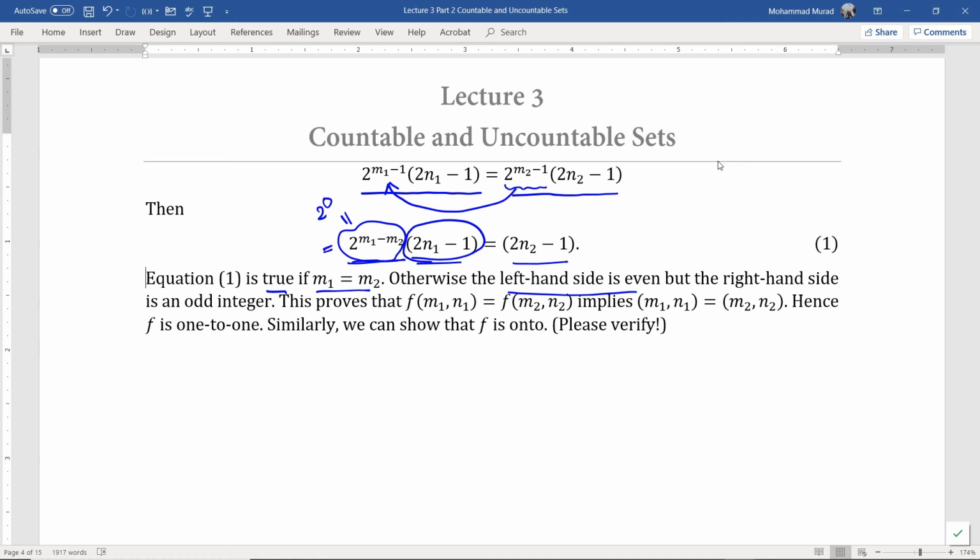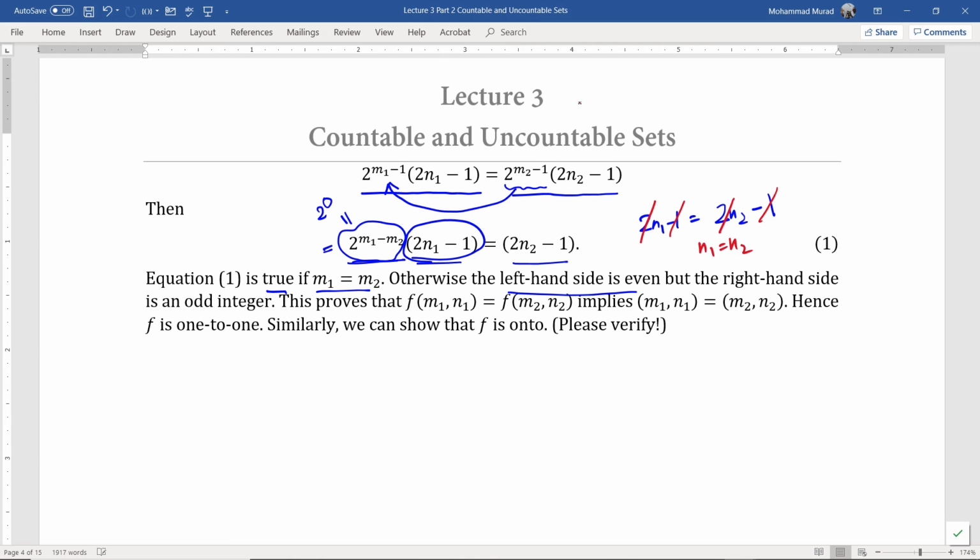So if m1 equals m2, we would have 2n1 minus 1 equals 2n2 minus 1. Then by cancelling negative 1s from both sides and then 2s from both sides, we have n1 equals n2.